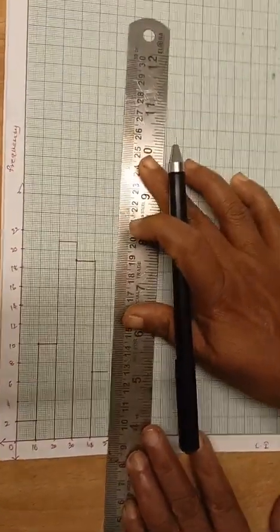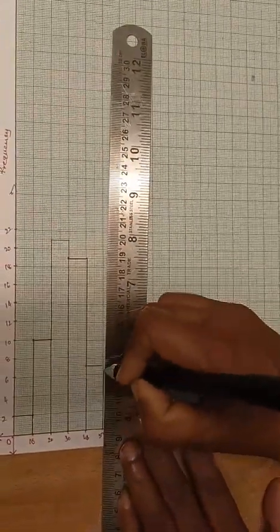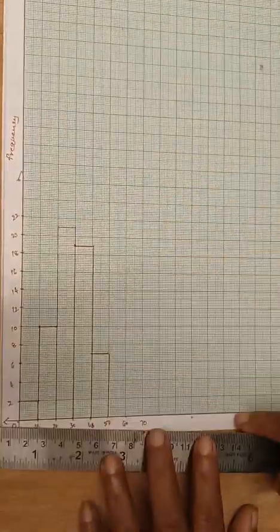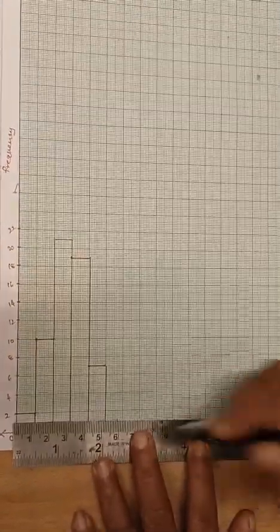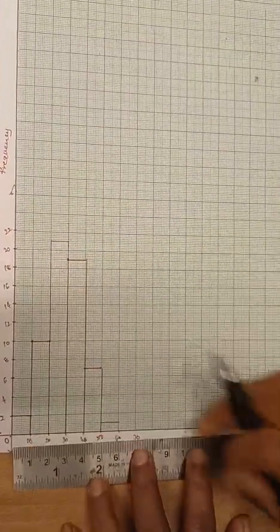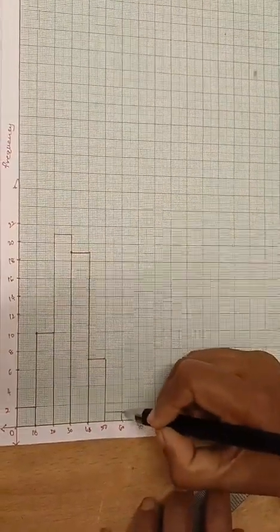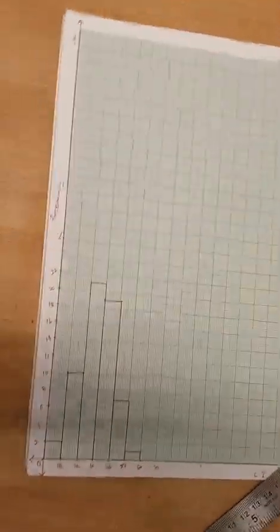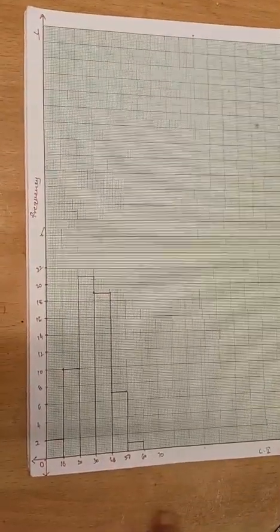Draw the bar like this, 7. Then next, 50 to 60, it is 1, which comes in the middle of 0 and 2. Okay, so this is the histogram.